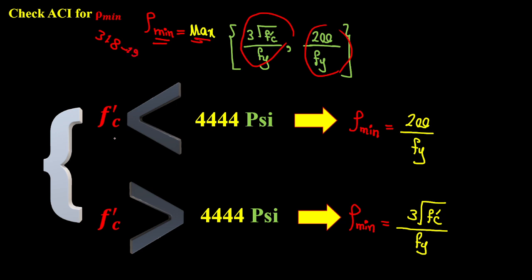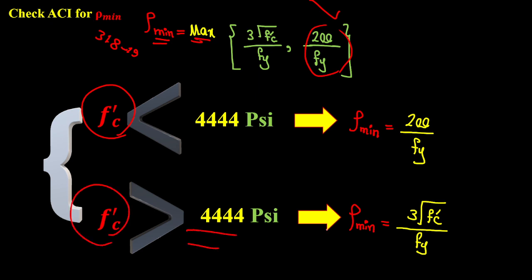You can calculate both of them and just pick the maximum, per ACI 318 version 2020. And there is an easier check on f'c, the specified strength of concrete. If it's smaller than 4,400 psi, the second term is controlling, and if f'c is bigger than this number, the first part is controlling.